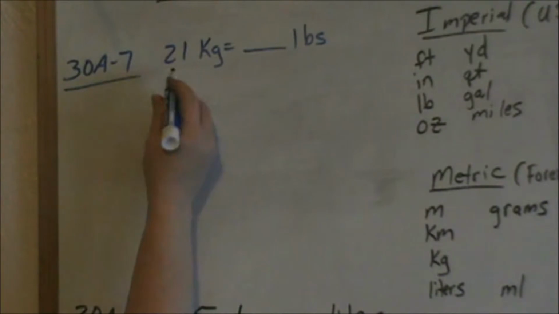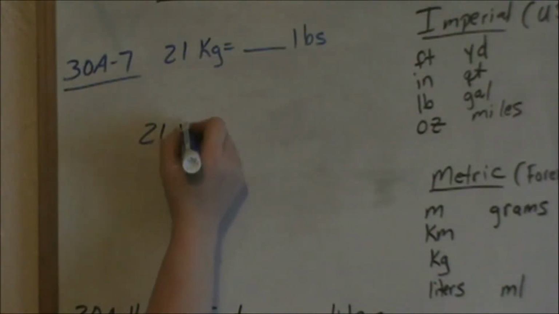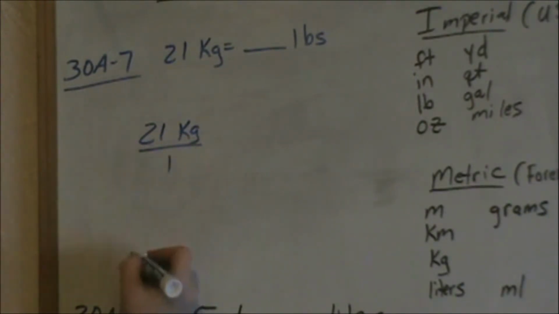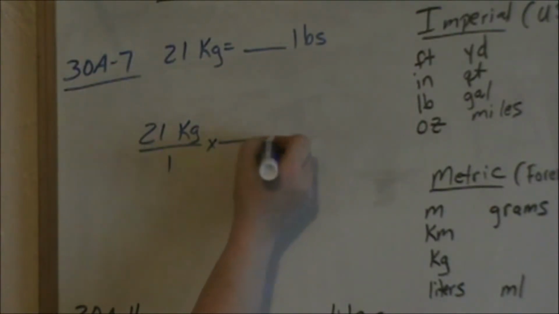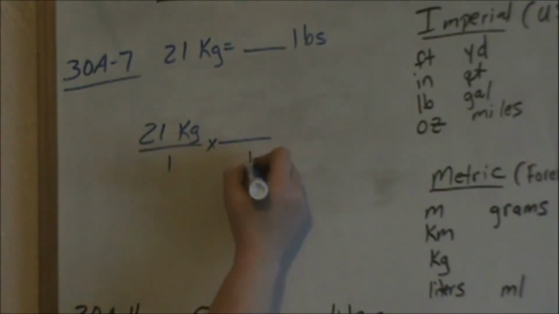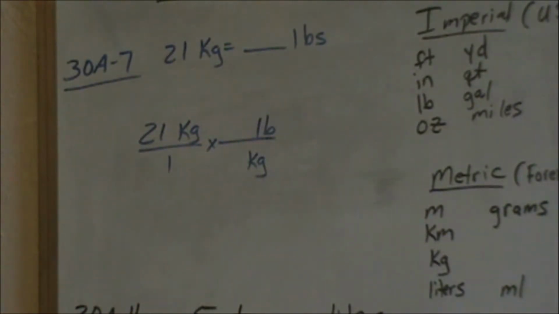So if I want to change 21 kilograms, start with what you know. There's 21 kilograms. Turn it into a fraction. I'm going to multiply by a conversion factor. If I want to get rid of kilograms, it needs to go in the denominator, which means pounds is going to go in the numerator. Go look at your conversion tables in the back of your book, or on the internet.